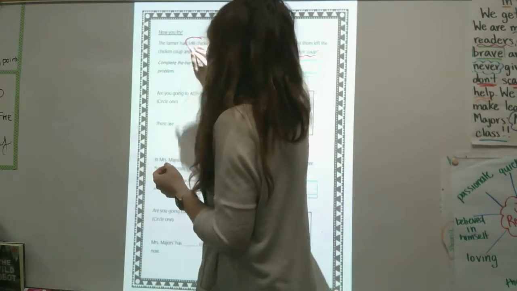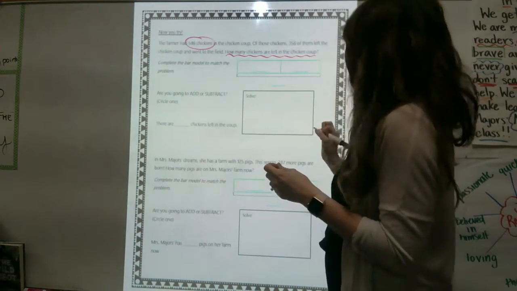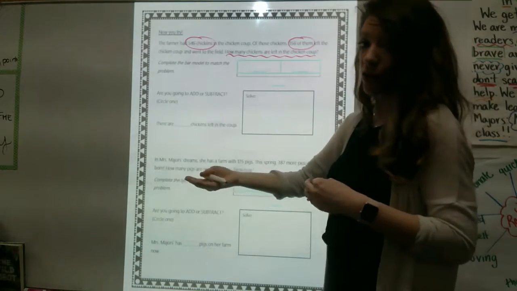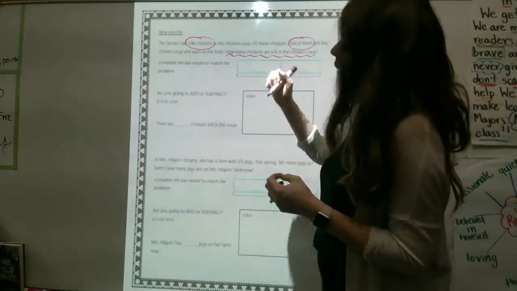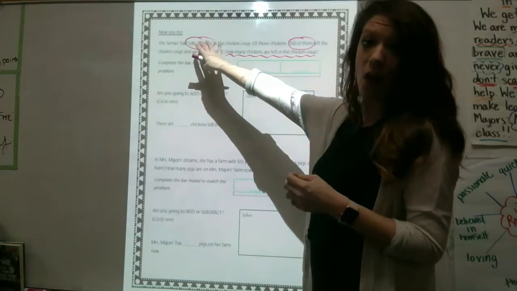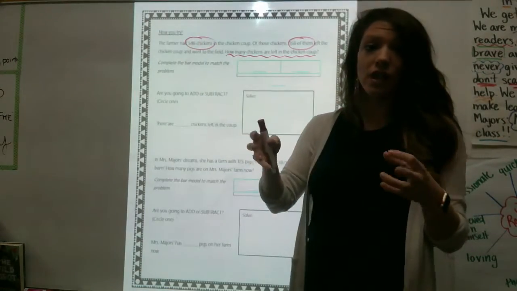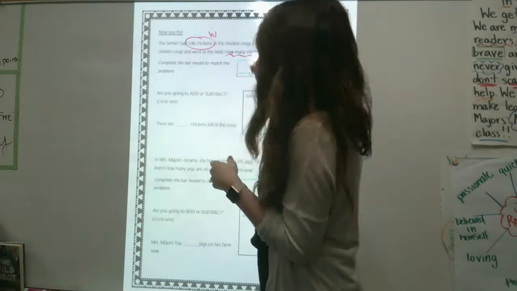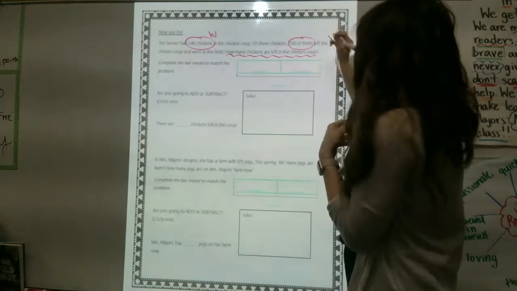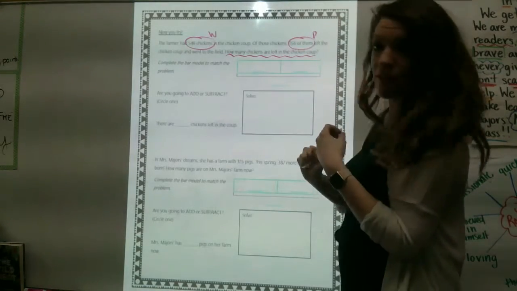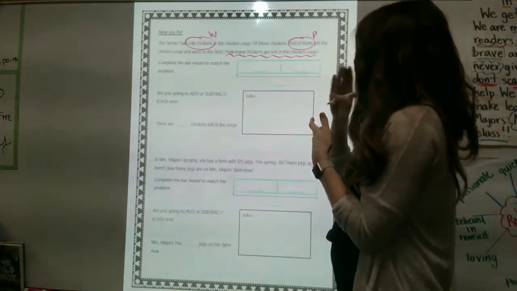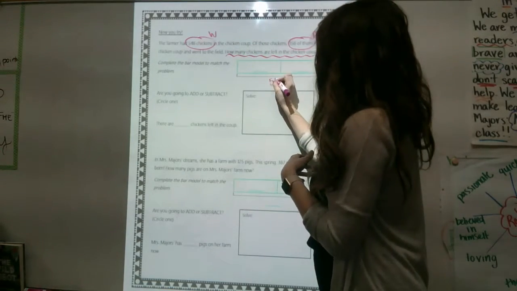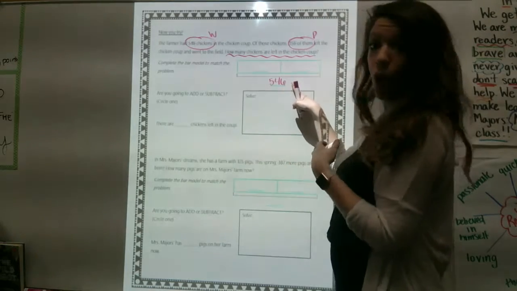I see that there were 546 chickens in the chicken coop, and 356 of them left the coop for the field. And so I know that if the farmer started out with 546 chickens in the chicken coop, that is my whole. That's the whole number of chickens he started out with. And then we see that part of them left. Part of them went to the field. So if I want to put this in my bar model, I know that 546 is my whole.